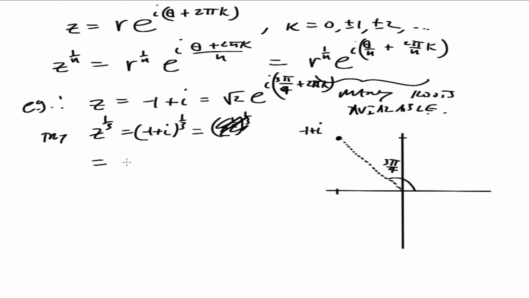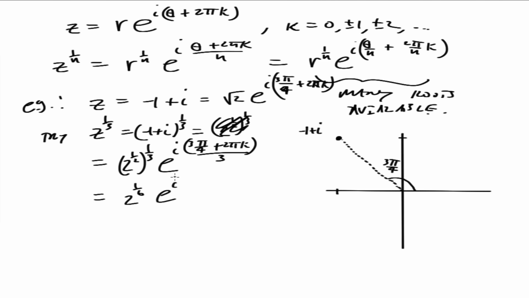So in this case, that becomes 2 to the 1/2 to the 1/3, e to the i, 3 pi over 4 plus 2 pi k, all over 3. Okay, so this becomes 2 to the 1/6, and that becomes e to the i, and we see the 3's cancel there, so we're left with pi over 4 plus 2 pi over 3 k. And again, k goes from 0, plus or minus 1, and so on and so forth.